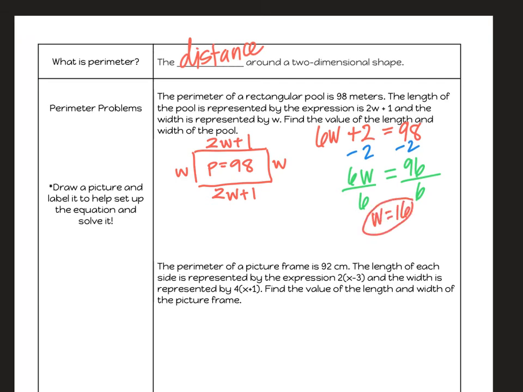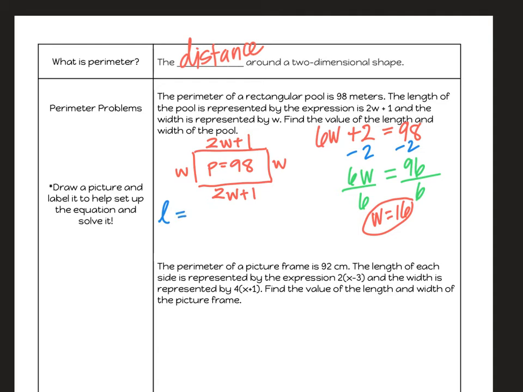So that's my variable, but that is not the answer that they wanted. Okay, so that represents my width, but it doesn't represent my length, because my question is asking for both the length and the width. So I need to do a little bit of extra work to find that length, okay?